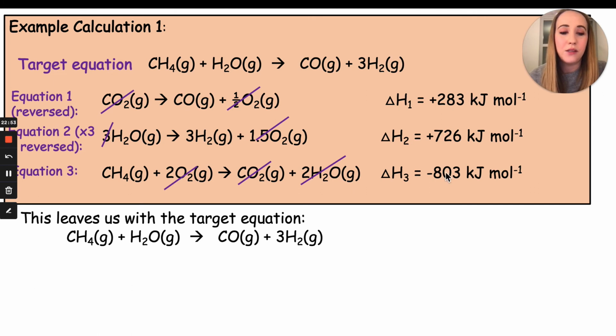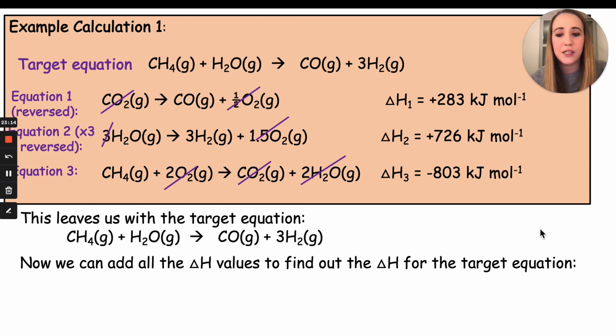So that means we've done our calculation correctly, and we can now finish it off by working out the delta H value, using the delta H values for the other equations that we've manipulated to reflect the changes that we made to get to the target equation.